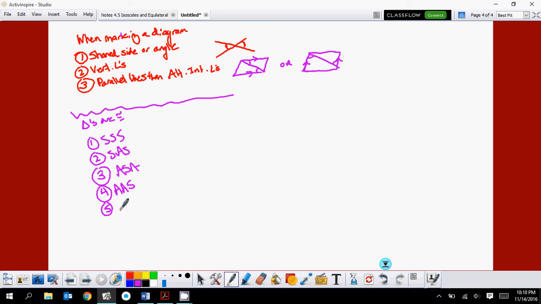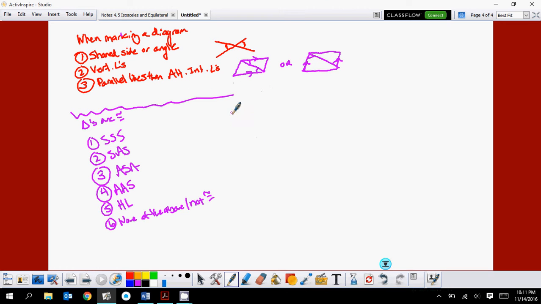And finally, the 5th one only happens when you have a right angle. If it doesn't have a right angle, don't you dare put HL, because it's got to at least have that right angle. But it also has to have the hypotenuse marked and the leg. The other option is kind of a none of the above, so that would be not congruent.